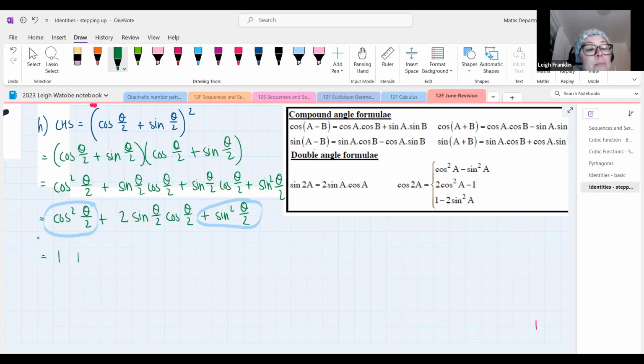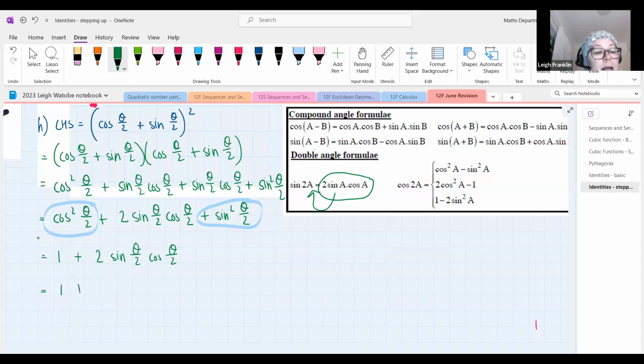And now I'm going to bring down the middle term plus 2 sine theta over 2 cos theta over 2. So that is this. It's 2 sine A cos A. It is your sine double angle. So now what we're going to do is write it as a double angle.